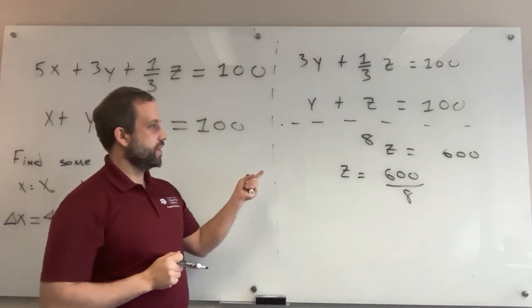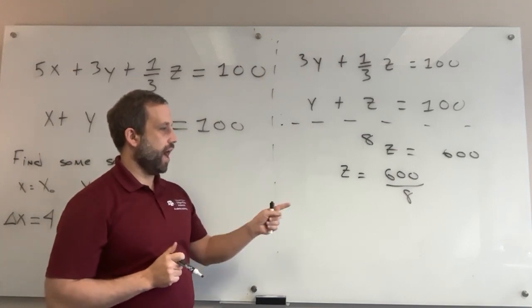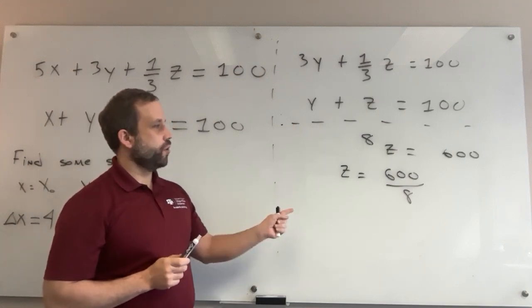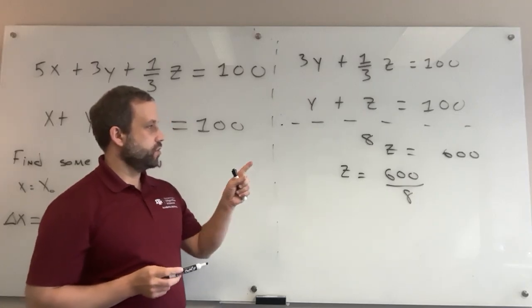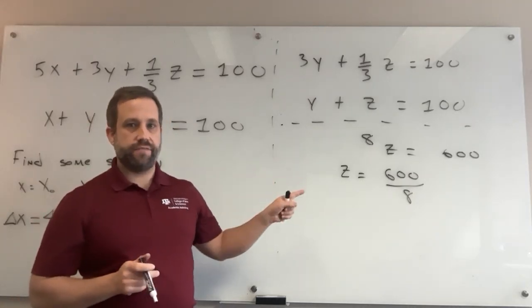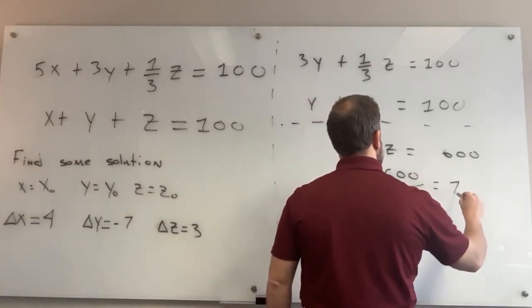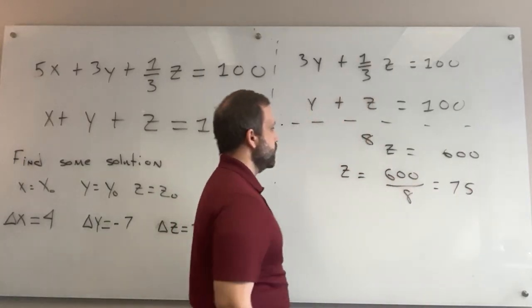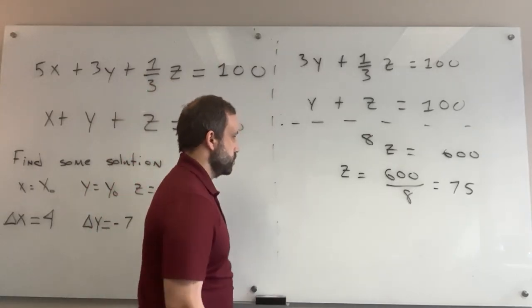So 100 divided by 4 is 25. 200 divided by 8 is 25. So this is going to be equal to 75. Okay, so z is equal to 75. If z is equal to 75, this means y is equal to 25.